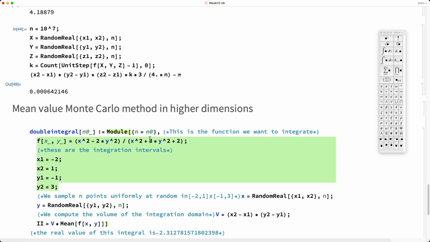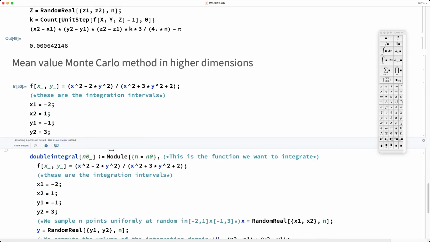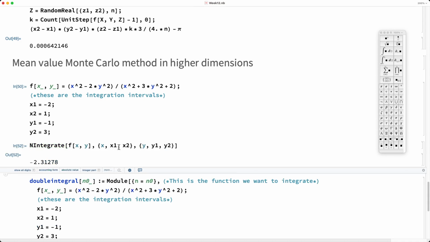So let's do this here and then try NIntegrate f of x and y, x from x1 to x2, and y from y1 to y2. So Mathematica gives us this result.